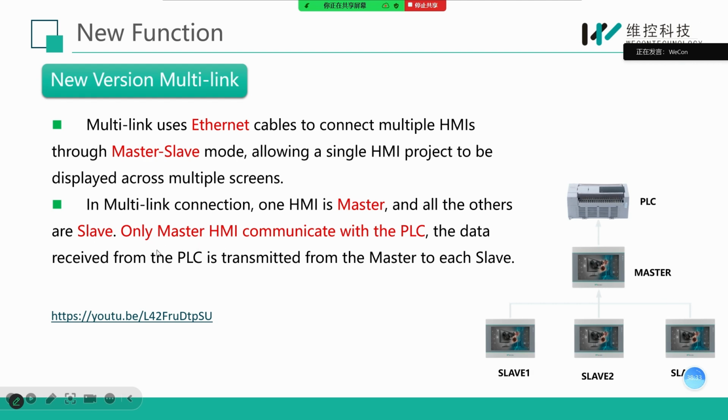On this occasion, only one master HMI communicates with the PLC, but all the other slave HMIs connect to the master HMI only. Some long production line applications will require something like this.